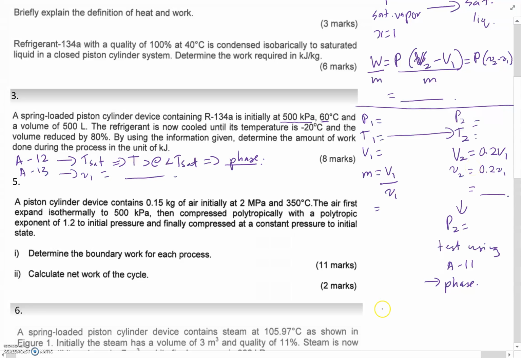So the boundary work, if you have two pressures, is the area of a trapezium: (P1 plus P2) over 2 times (specific volume 1 minus specific volume 2). Why specific volume 1 minus v2? Because V1 is bigger than V2. You're just trying to get the delta V here. So you get the value.